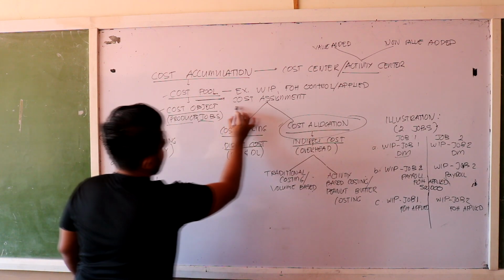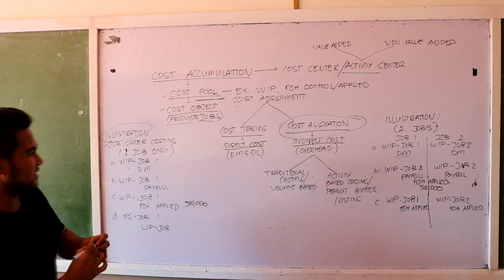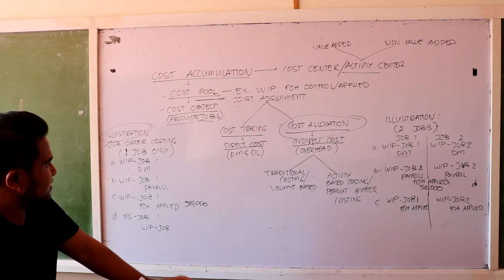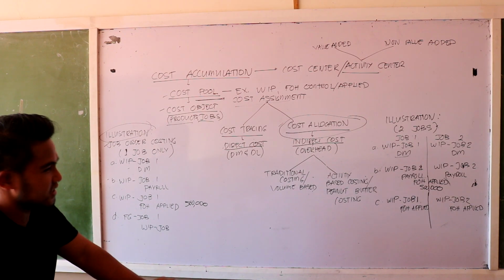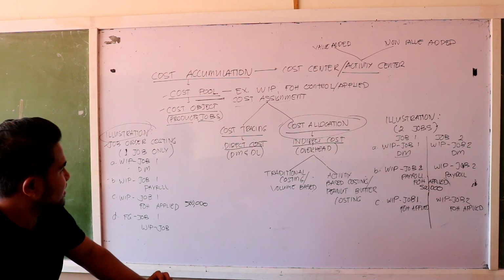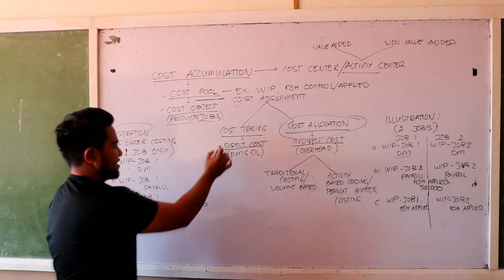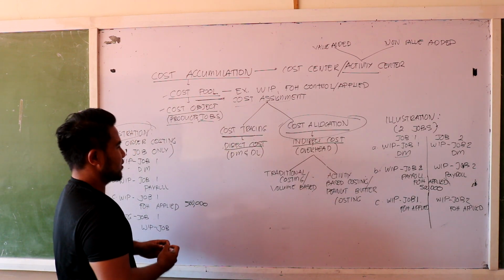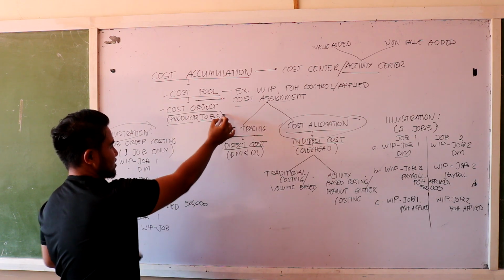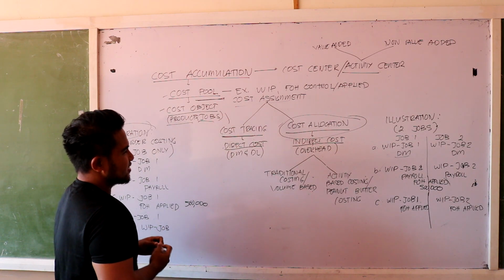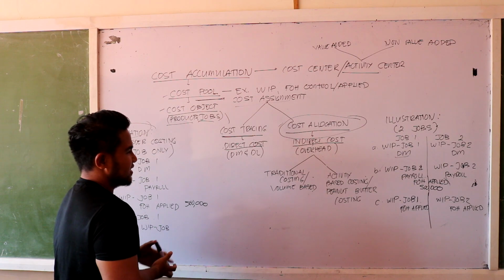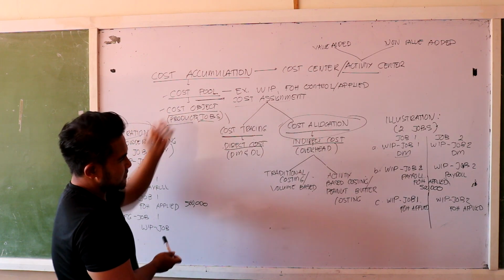Siyempre, through cost assignment. And let's recall guys that there are two types of cost assignment. We have cost tracing and cost allocation. So regarding our cost tracing, we are assigning direct costs to our cost object. And regarding cost allocation, we are assigning indirect costs to our cost object.